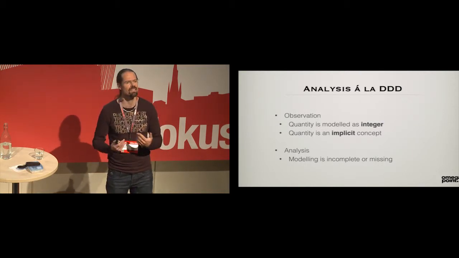It's there as an implicit concept, meaning we cannot put restrictions on it as a first-class citizen of what we talk about. So the analysis is that the modeling is incomplete, or perhaps just missing. Someone said, yeah, and then you can order 4 books. And the developer thought, oh, that's an int.